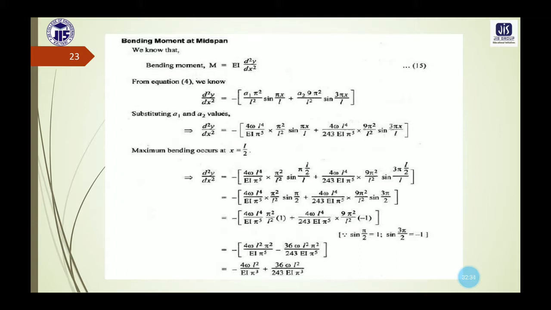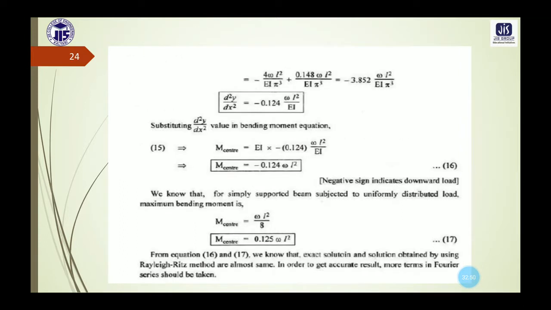For the maximum bending moment, x is L by 2, so we put x equals L by 2. After several steps, we get d2y by dx2 equals minus 0.124 omega L square by EI. So the maximum bending moment at the center equals minus 0.124 omega L square.